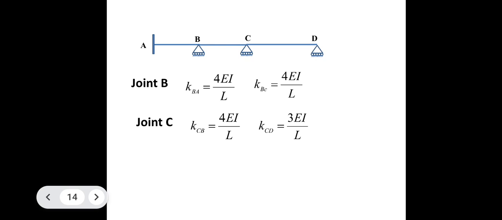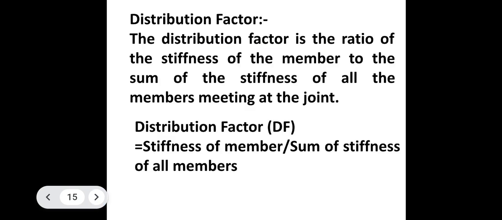For joint C, left support B continuous 4, right support D simple, the value is 3. So simply you have to remember 4 EI by L for fixed or continuous and 3 EI by L for simple.